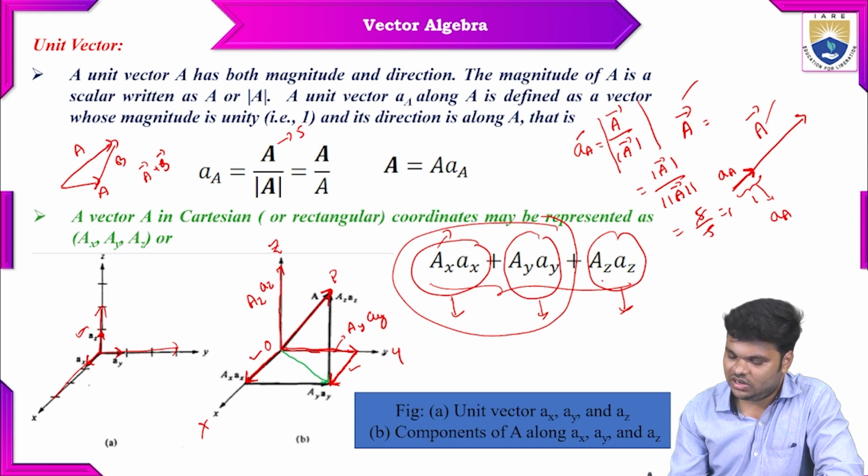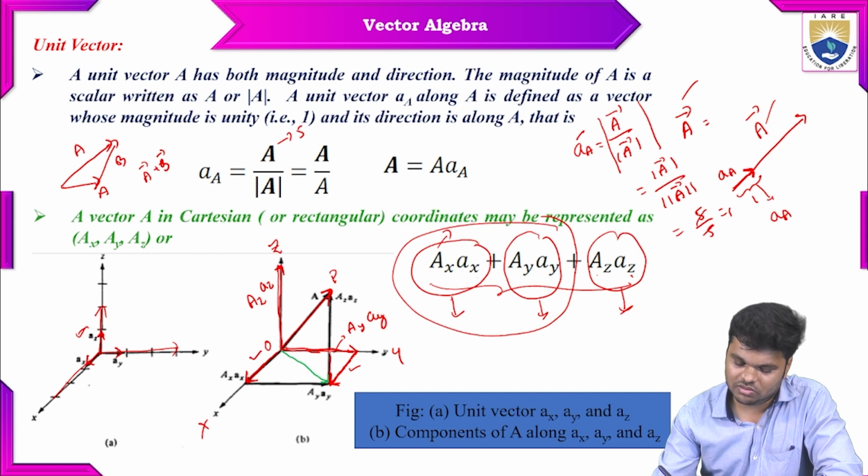Then what is the other vector? Az into az. So Az into az is a vector which is along z direction. Now I can take a vector which is parallel to Az into az, and has magnitude which is exactly equal to Az. So this is the vector.